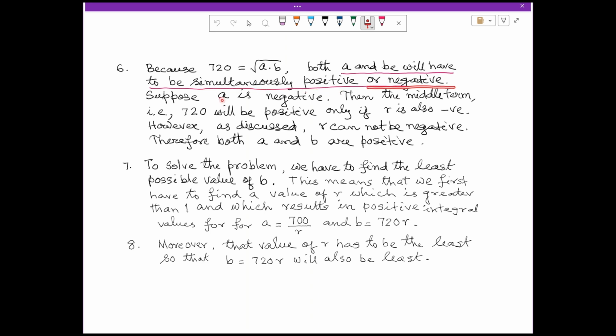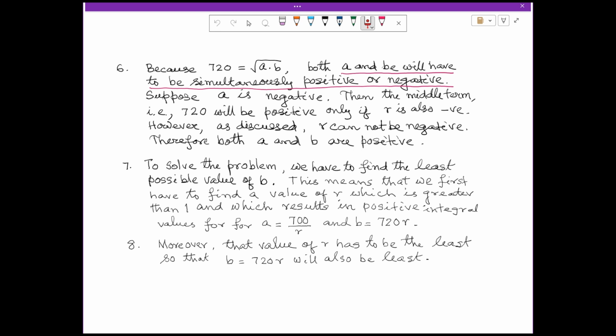Suppose a is negative, then the middle term 720 will be positive only if r is also negative. However, as discussed, r cannot be negative. Therefore, a or b cannot be negative. Hence, both a and b will have to be positive.